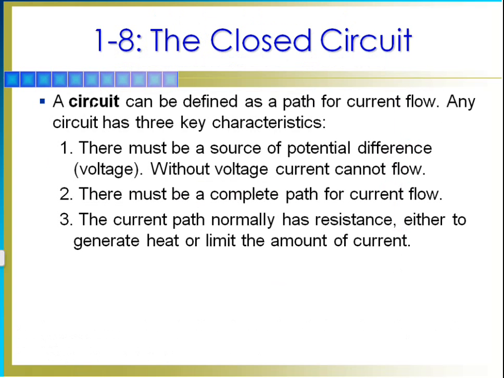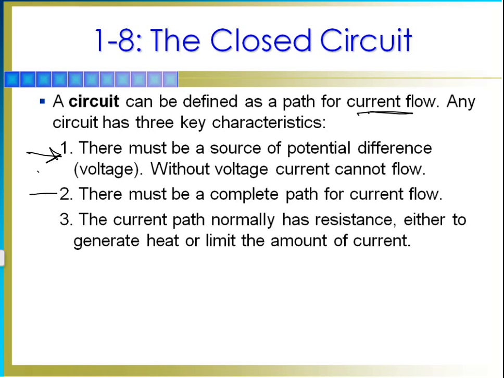All right, now we have the ability to have a closed circuit, a complete circuit. And a circuit can be defined as a path for current to flow. You've got to have three things. You've got to have potential difference, or voltage. Without voltage, you don't have the force to create the free electrons to create current.